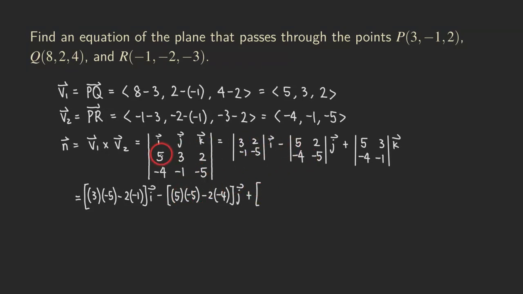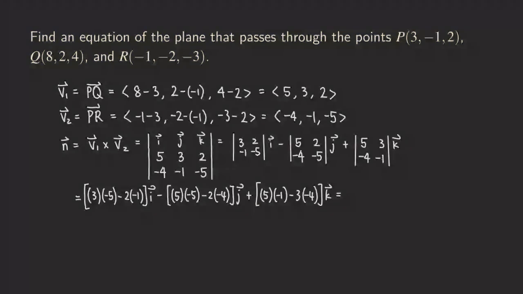If you just do it directly, you can come up with the answer really easily. Okay, so 5 times -1, and then oops, we got to subtract the product of the other diagonal entry. So we get 3 times -4, and then we have the k.